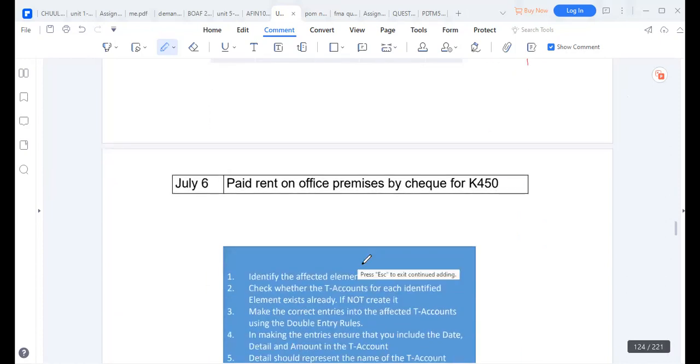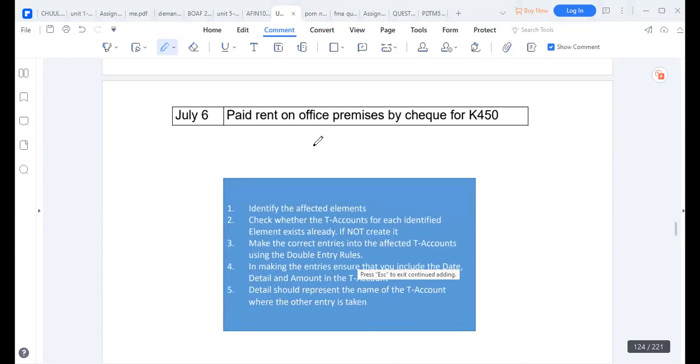So I want somebody to try: paid rent on office premises by check, 450. Who wants to try that? So the two accounts are rent and bank. Okay, rent and bank, good.